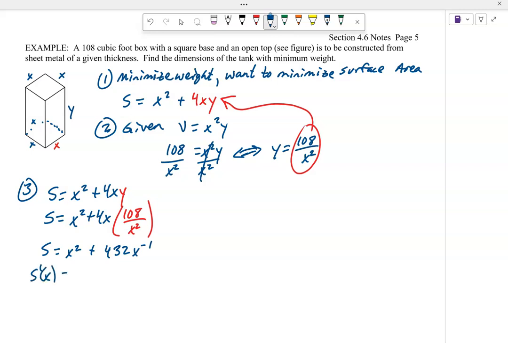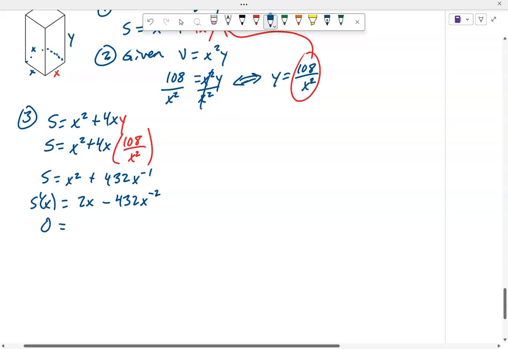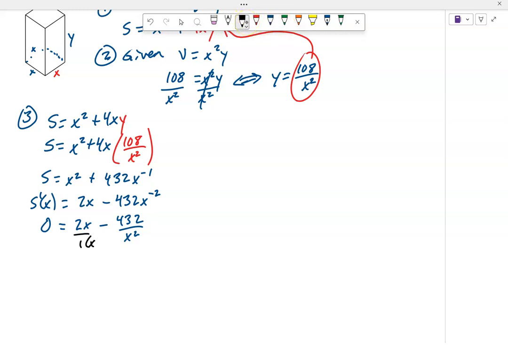The derivative, this is all in terms of x, is 2x, and then 432 times negative 1, minus 432, and then x to the negative 1 minus 1, to the negative 2. I'm trying to find our critical point here that will minimize this. Actually, you know what? I'm going to get a common denominator here. This is over 1, so let's give this x squared. And so we've got 2x to the third minus 432 all over x squared.